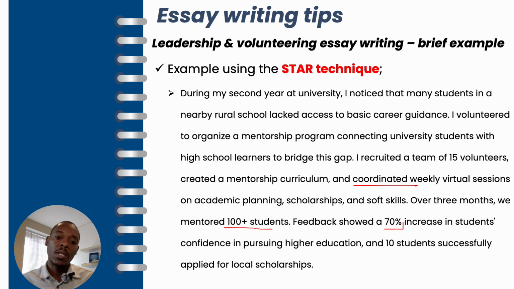However, in essay writing you shouldn't use words like 100 plus. You should write formally and not include 100 plus. Including percentages and numbers demonstrates the impact that you have made.